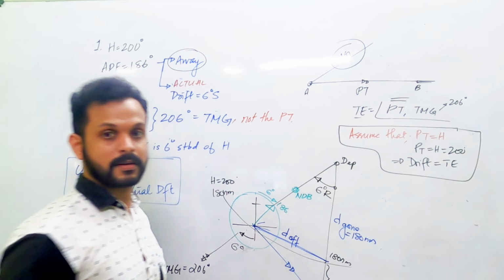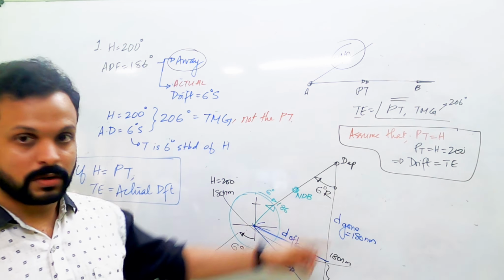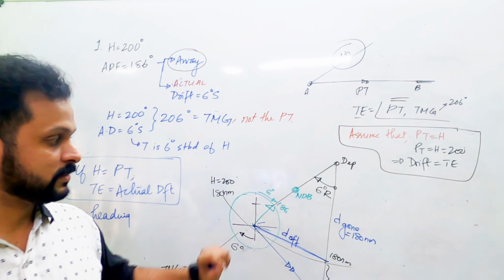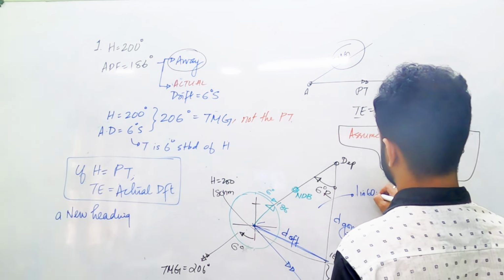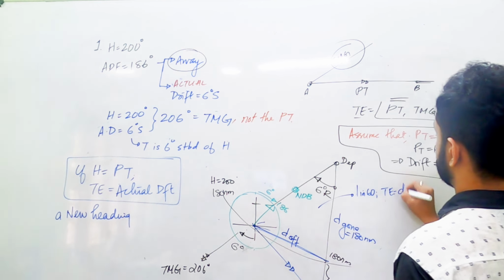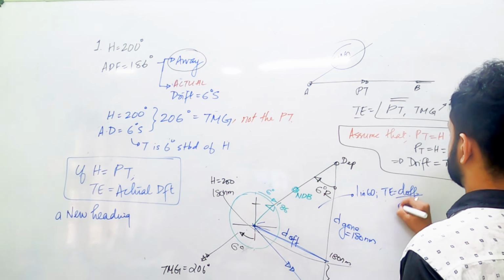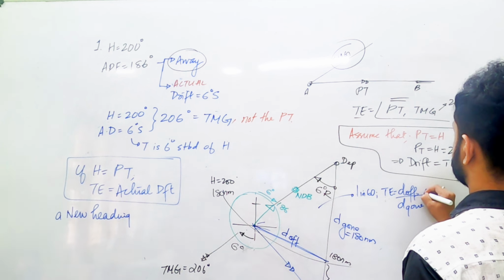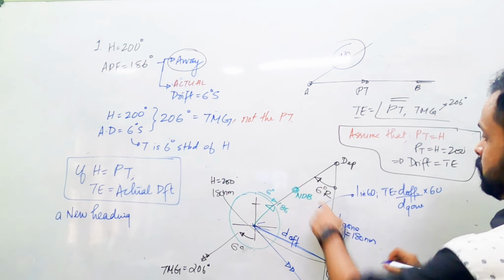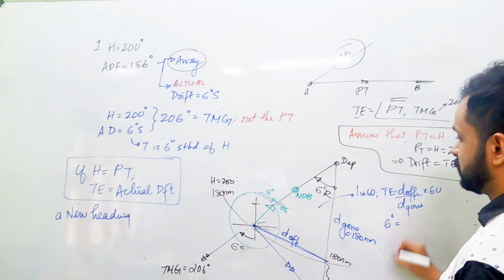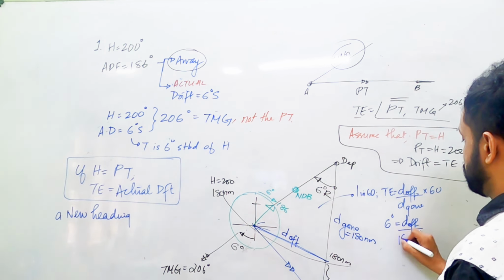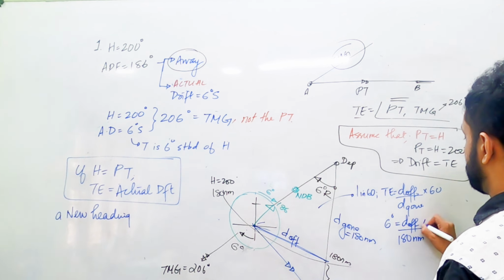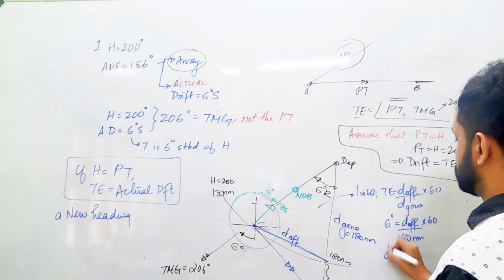We have the track error, which we found out eventually, and then distance off. So applying 1 in 60 here: track error in degrees is equal to distance off divided by distance gone, 180, multiplied by 60. So 6 degrees is equal to distance off, which you have to find out, divided by my distance gone, 180 nautical miles, multiplied by 60. How much is that?